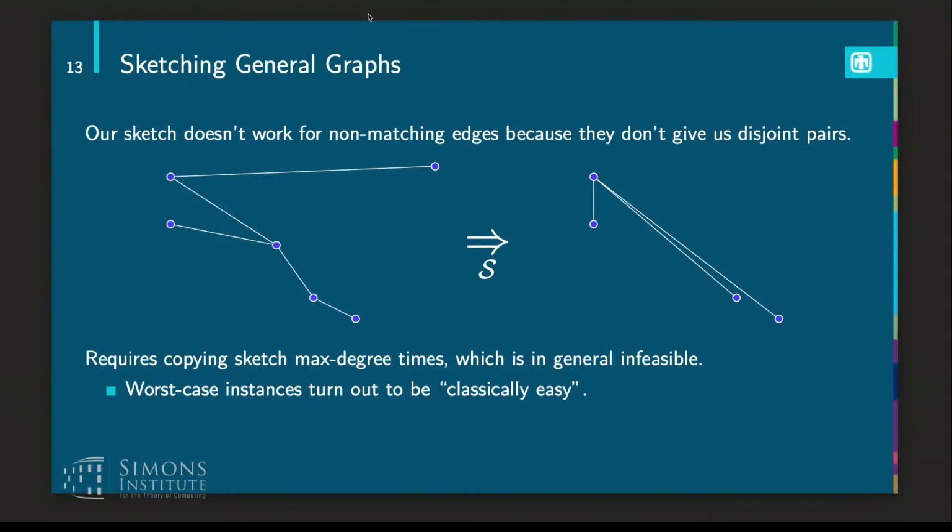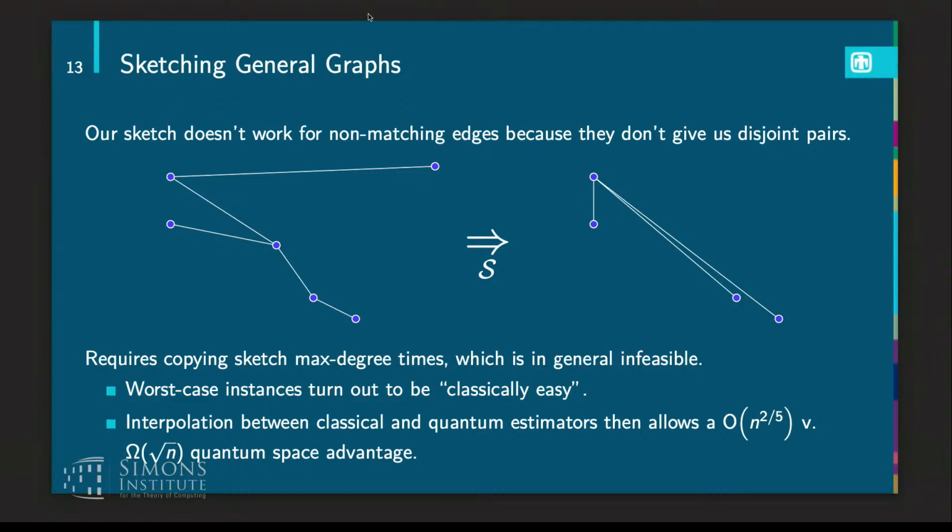But fortunately, it turns out that the worst case instances, the ones that look like this, are also ones that are very easy for classical algorithms. I'm not going to go into much more detail about that, but basically you can take this quantum estimator and use it to solve the instances that are hard for classical algorithms, use a classical estimator that solves the instances that are hard for quantum algorithms, and interpolate between the two.